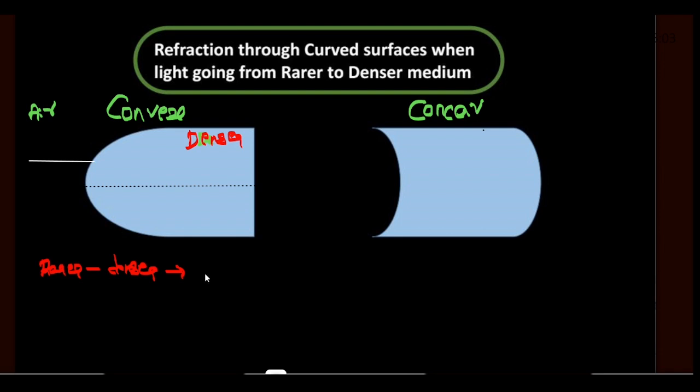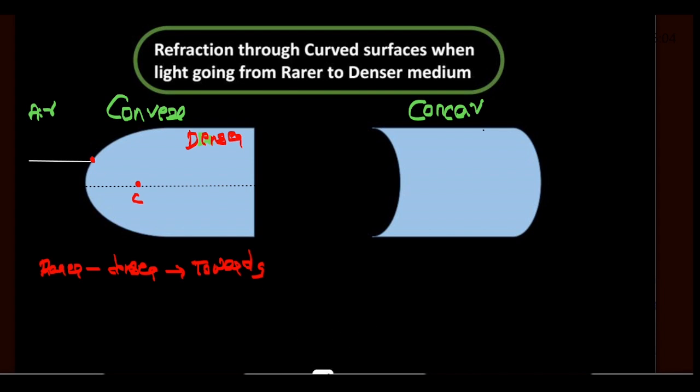Since it is going into the denser medium, it bends towards the normal, and if it were going to a rarer medium, it would go away from the normal. For this curvature, considering this as the center, what will be the normal at this point? This will be the normal.